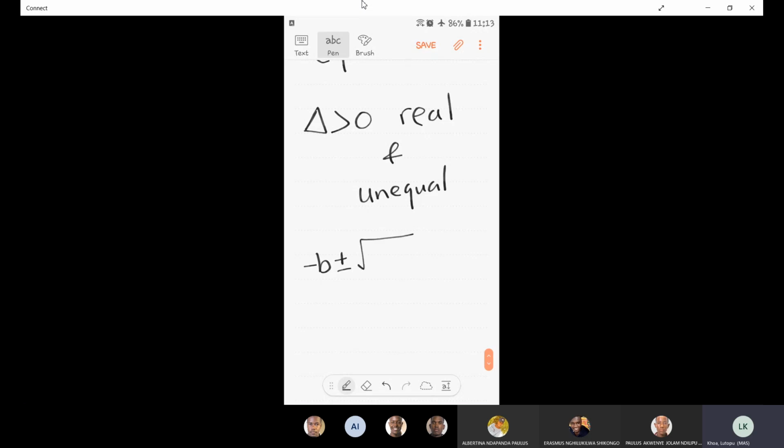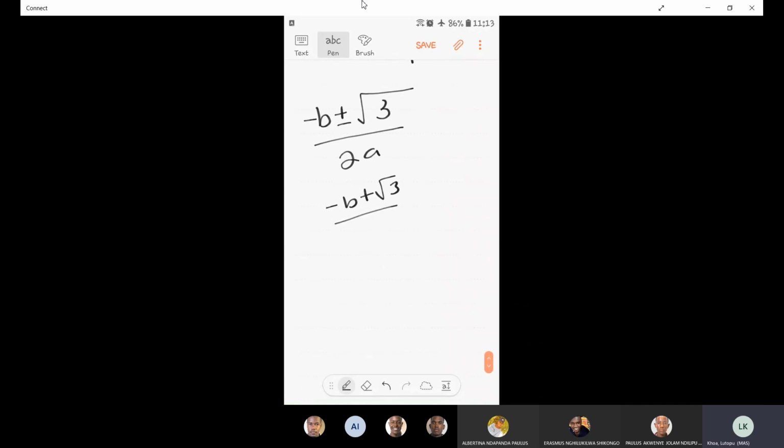If I put any positive number here, 3, over 2a, one will be minus b plus the square root of 3 over 2a, and the other one will be minus b minus the square root of 3 over 2a. So both of these are real, but they are not equal, okay?